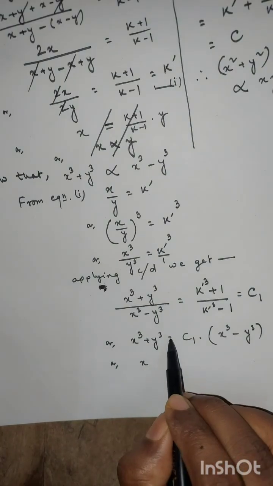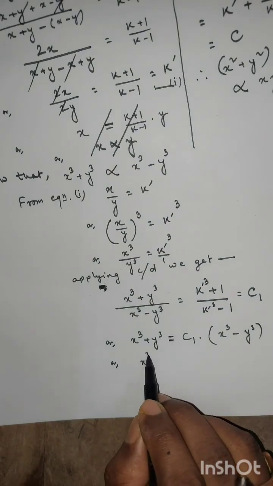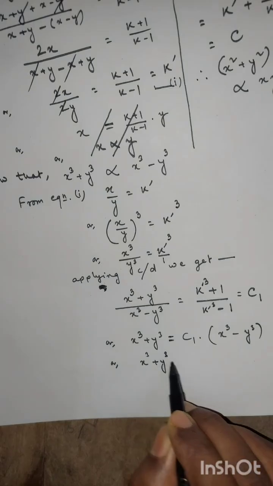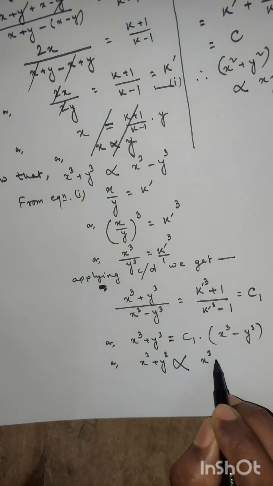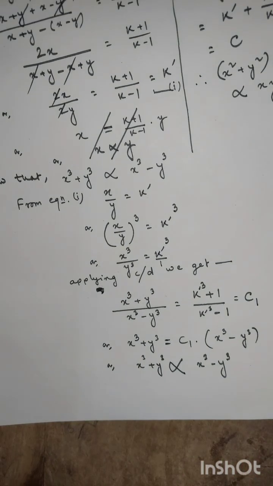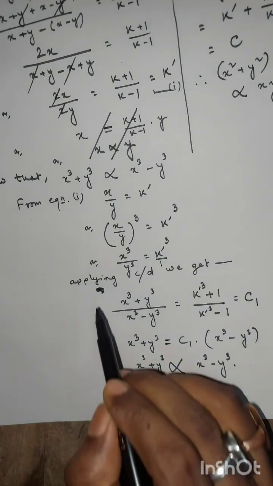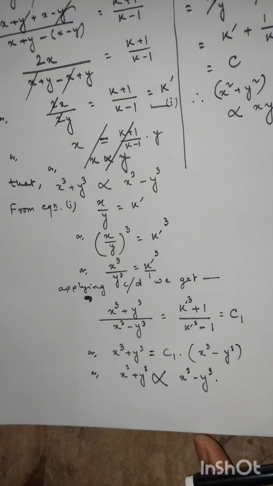If we remove the equal to and the constant, we get the relation that x cube plus y cube is directly related to x cube minus y cube. This is what we needed to prove. So this is done. I hope you all understand this part also.